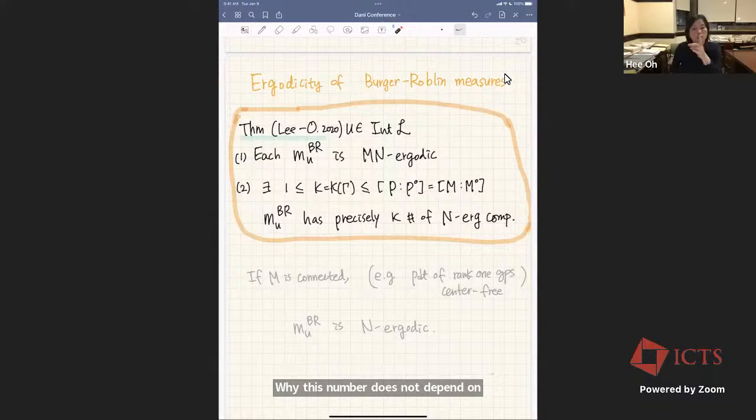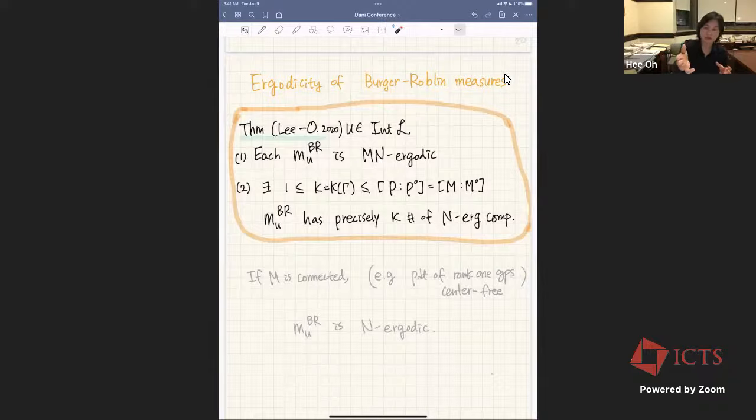Right. So this number K, there is a normal subgroup of M, which contains the connected component of M, which determines this K. And this normal subgroup of M is, in some sense, basically about the Jordan projection.